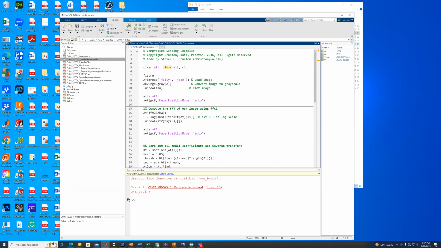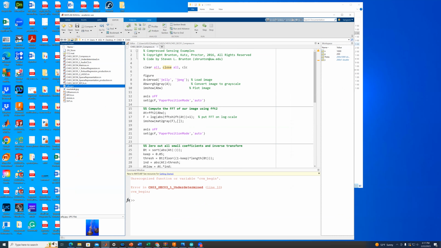And this jellyfish image, as you can see on the screen, looks very well detailed, and it has lots of features. However, as soon as you do a Fourier transform on this image, you will notice that most of this image is filled with junk.